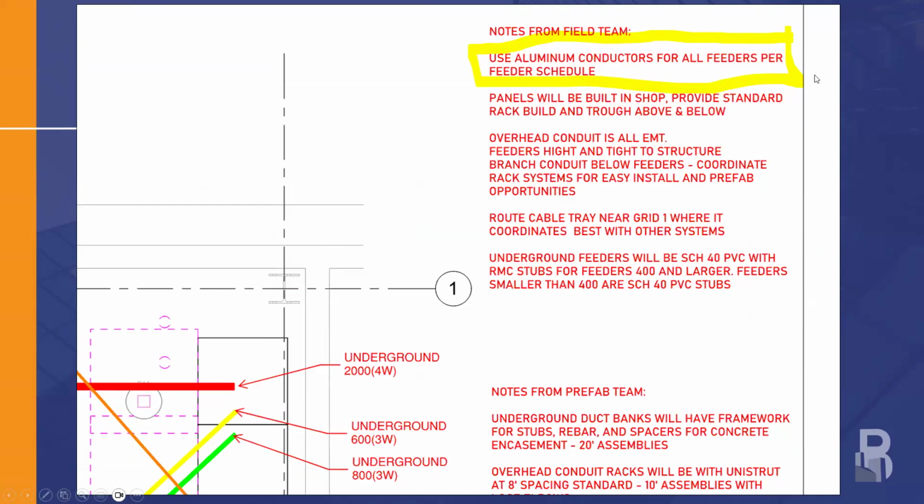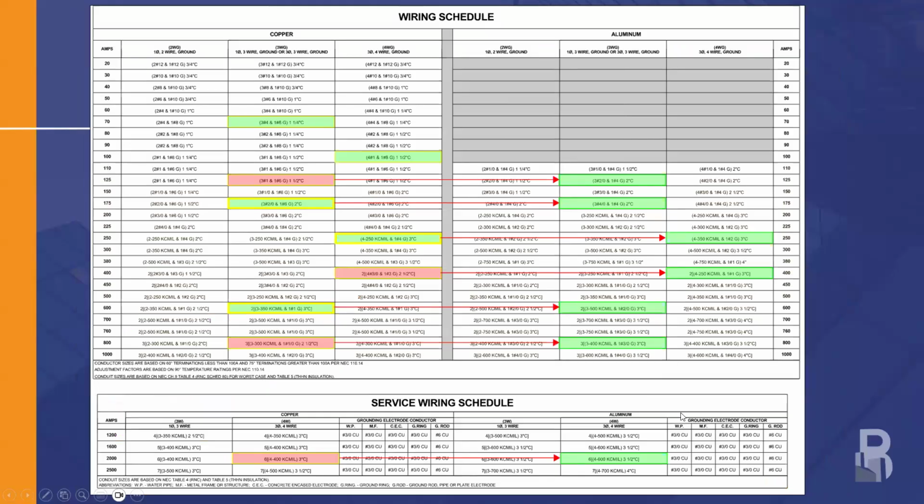One of the other things that we talked about is the aluminum conductors, or the conductor material type, and what that'll change. And this is the feeder schedule, wiring schedule of this sample project.